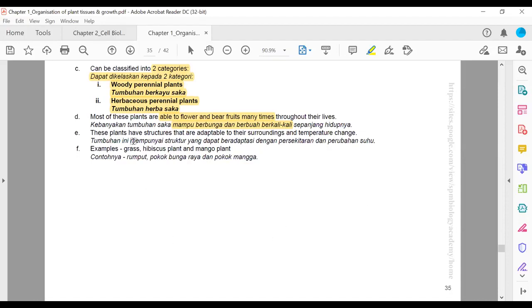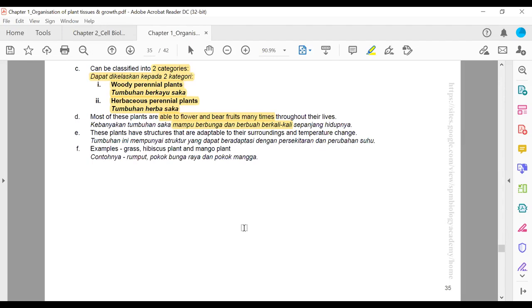Okay. These plants have structures that are adaptable to their surroundings and temperature change. I mean, they have some characteristics that enable them to adjust themselves to the surroundings and temperature. For example, when the hot season or autumn comes, in order to save themselves, they will shed their leaves.